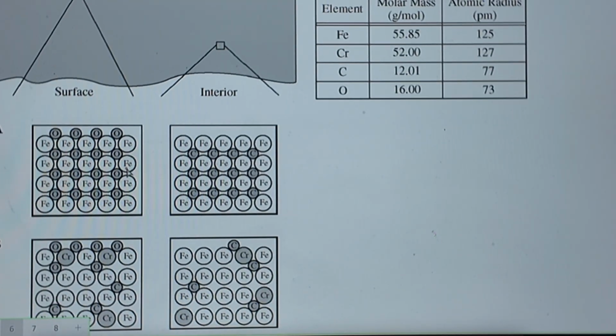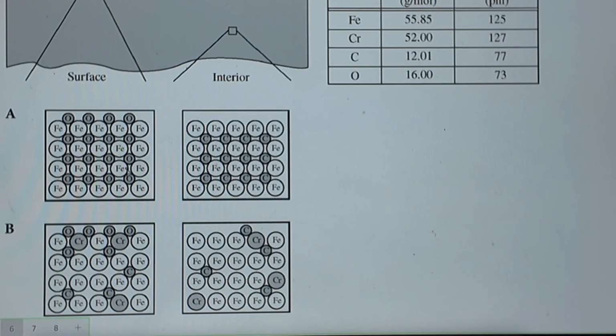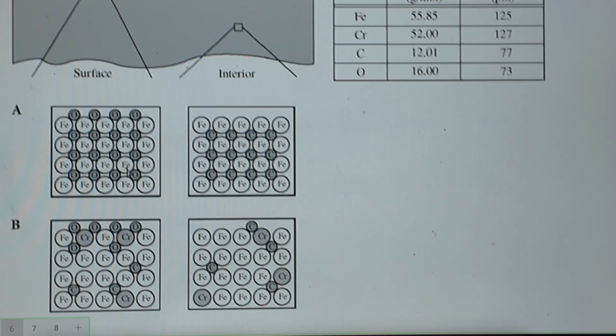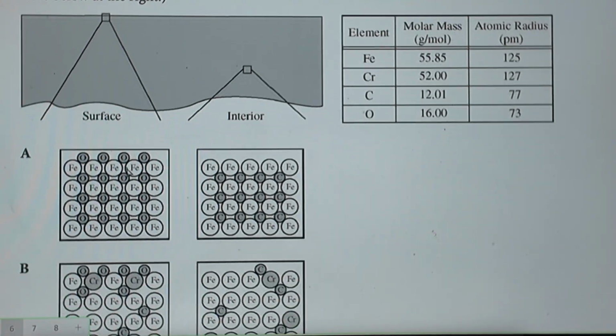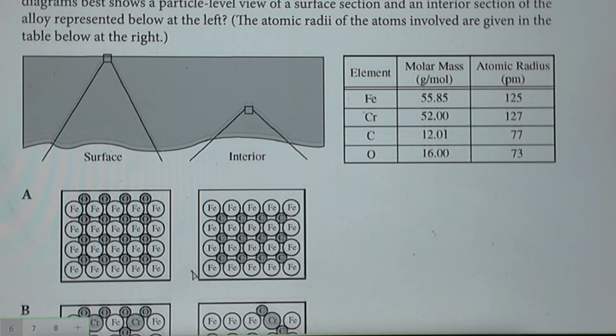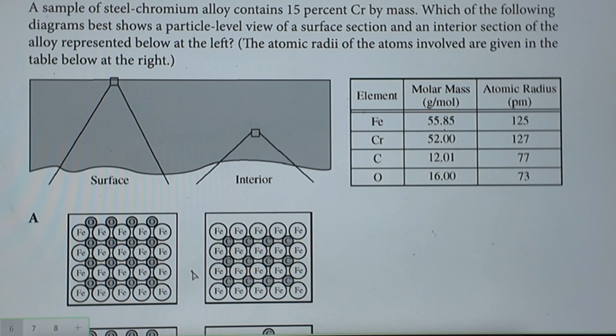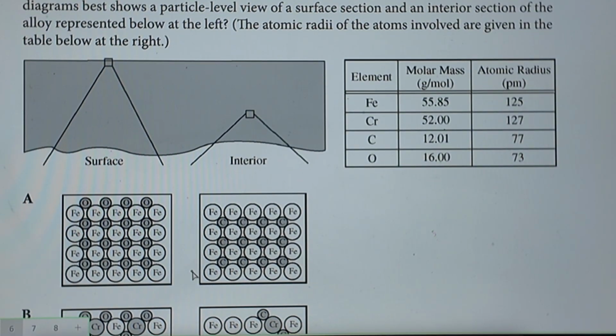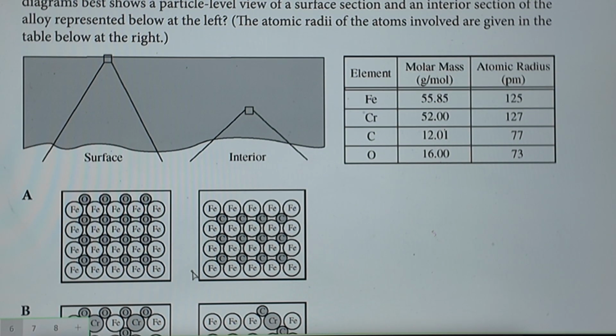Okay, so they talk about this thing being on the surface, right? So I guess the question is asking which of the following diagrams shows a particle level view of a surface section and interior section?